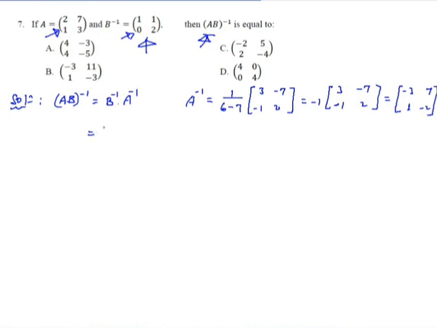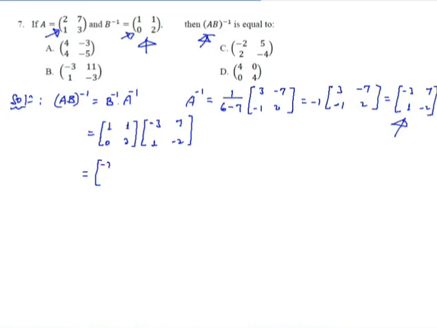So B inverse is given to us: 1, 1, 0, 2 is B inverse. A inverse we found here: A inverse is minus 3, 7, 1, minus 2. Now we multiply these, which is a 2 by 2 matrix multiplication.